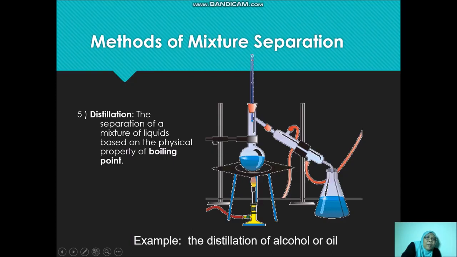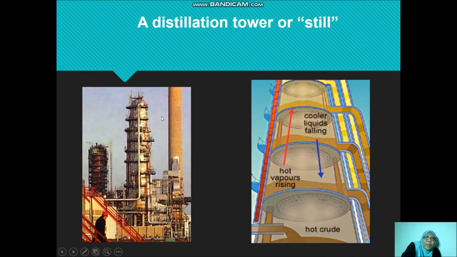In daily life, distillation is used for distilling alcohol or oil. Here is a distillation tower, or still. This is distillation to separate gasoline, kerosene, and others from crude oil. This is the scheme of the distillation.